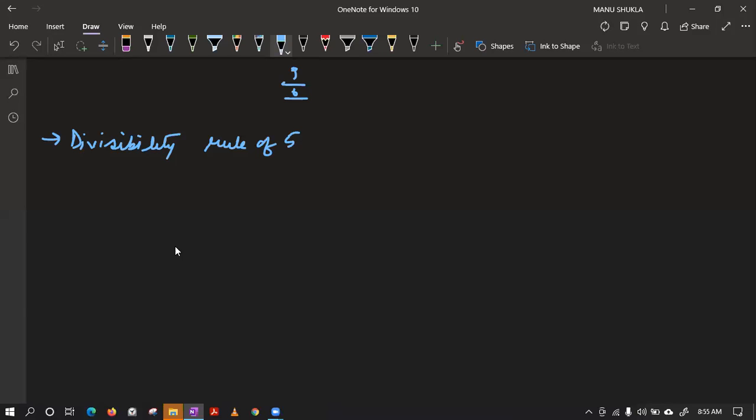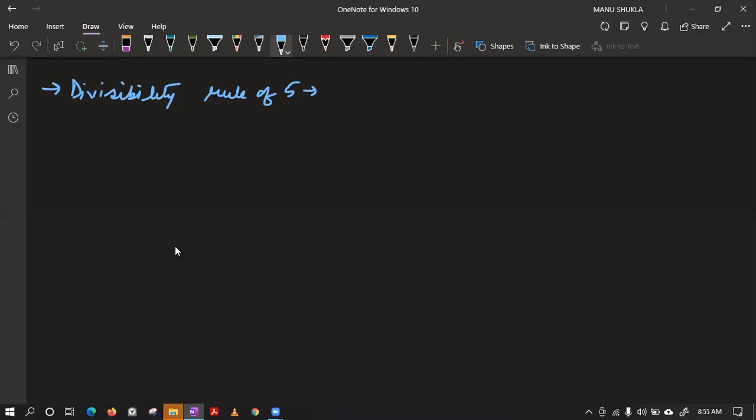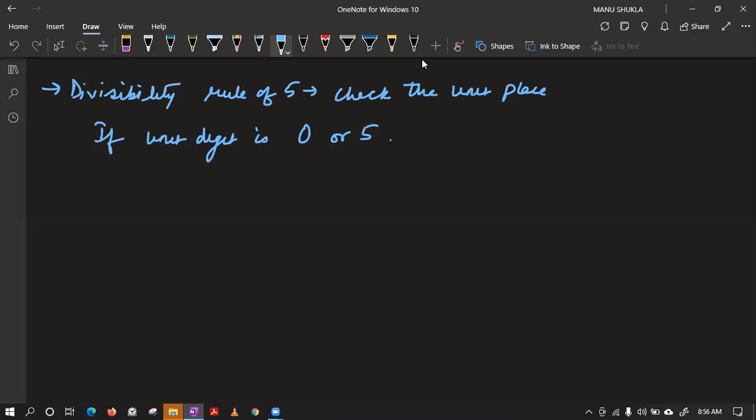Divisibility rule of 5. In the case of 5, you have to check the unit place. If the unit digit is 0 or 5, we can right away say the number is divisible by 5.